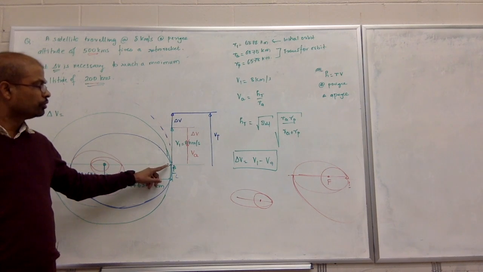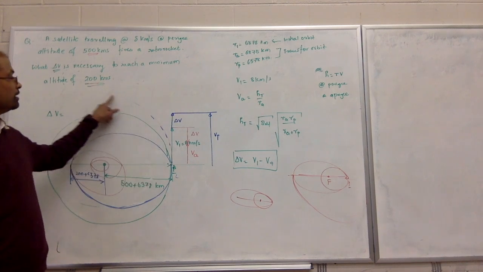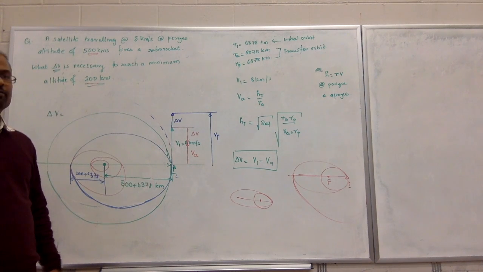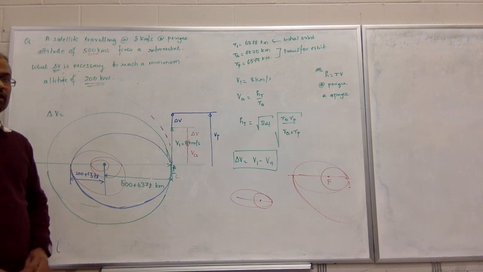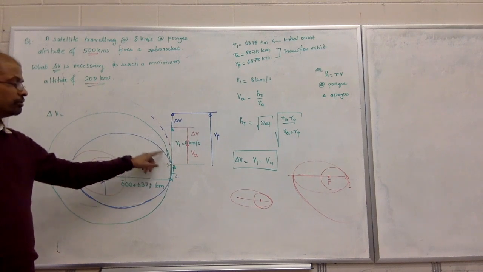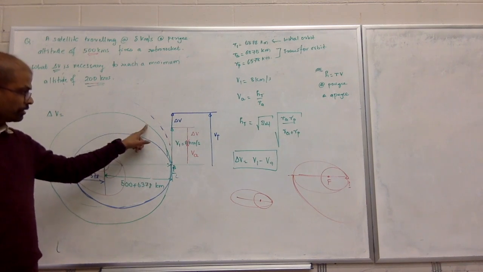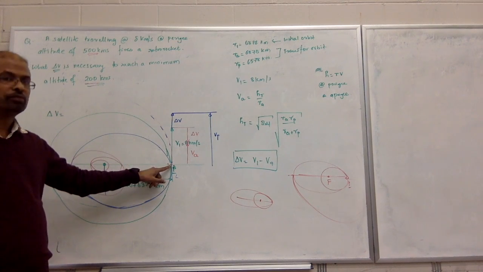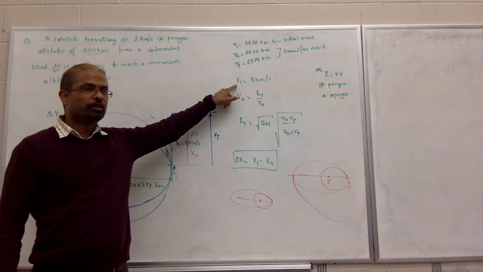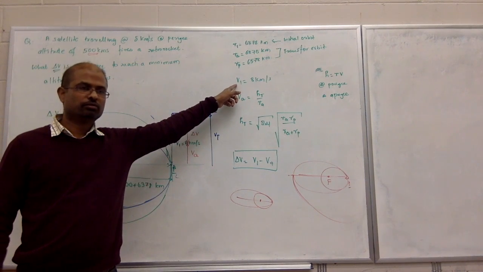Only after you do the maneuver does this become the perigee of the red orbit. This becomes the apogee for this other orbit. For the circular orbit it is V1, and since it's a circular orbit, it doesn't matter whether it's perigee or apogee. It's the same thing. You get it?